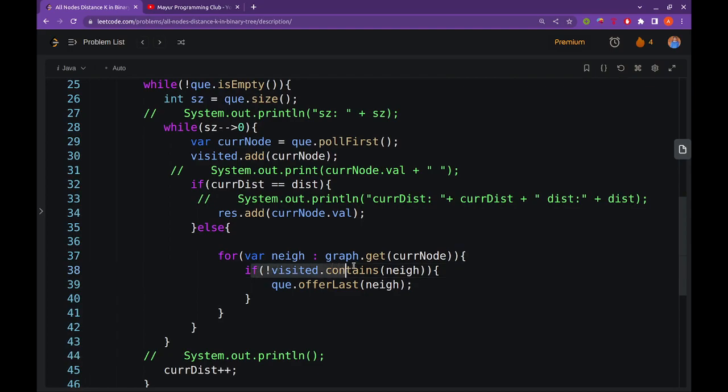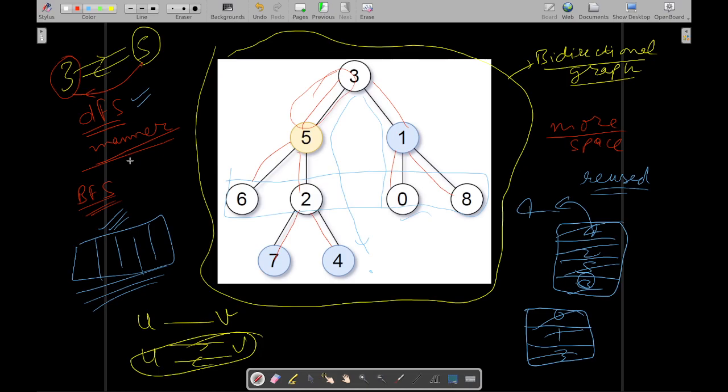If it is already in the hash set, it means we have already visited that node, and we would not again include it in the queue. That's how we avoid going from 3 to 5 in the opposite direction of the flow.